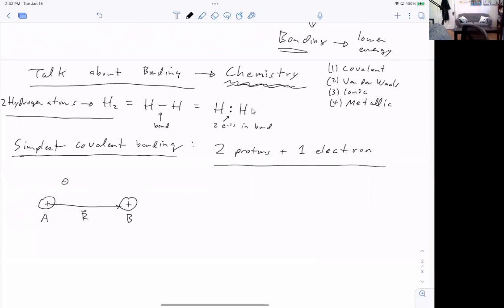He's a negatively charged particle. He's located from the center of the first atom at a vector called RA. But from the center of the other one, he's located at a vector RB.